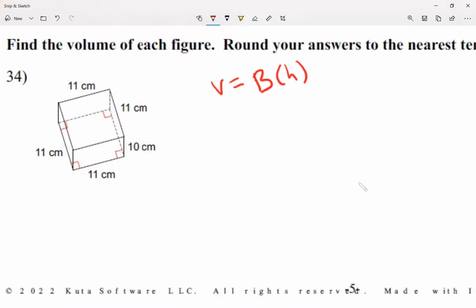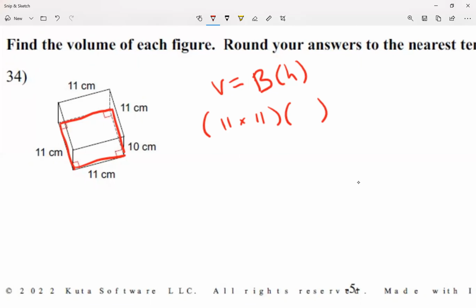On number 34, the base is a rectangle. Let me highlight my rectangle. It's an 11 by 11 rectangle, right? A square is a rectangle. So the way I'm going to get the base, I'm just going to go 11 times 11. I know that's how I do the area of a rectangle. Whatever I get here, I'm going to multiply by the height.